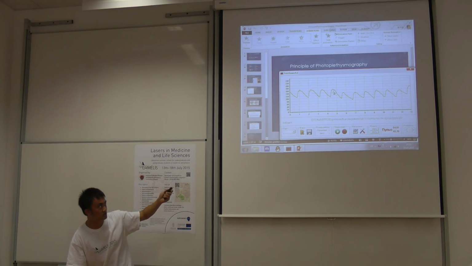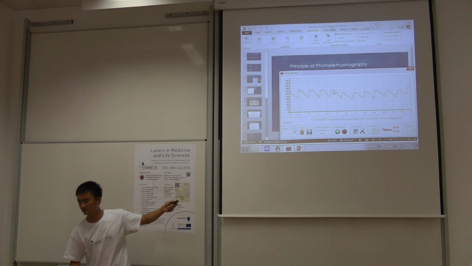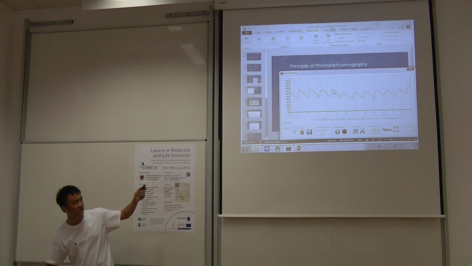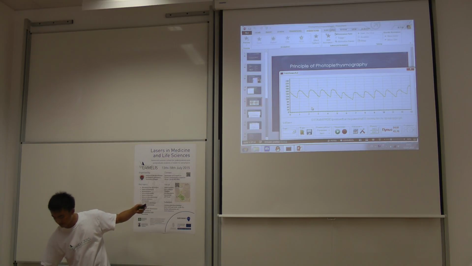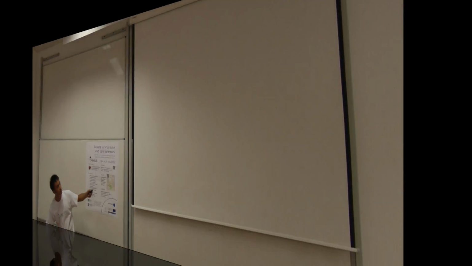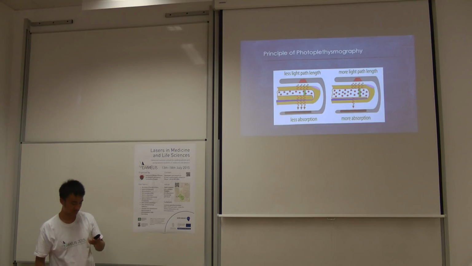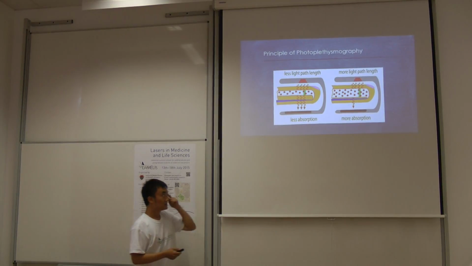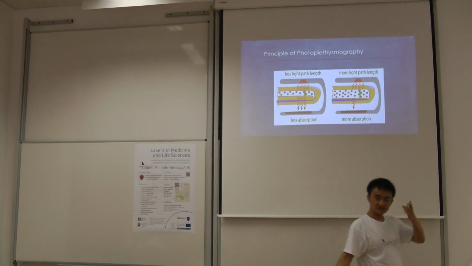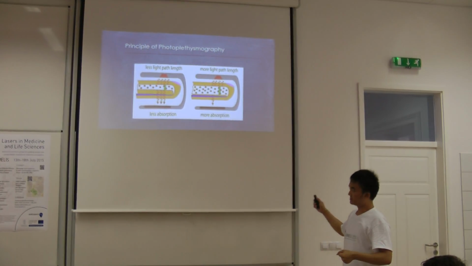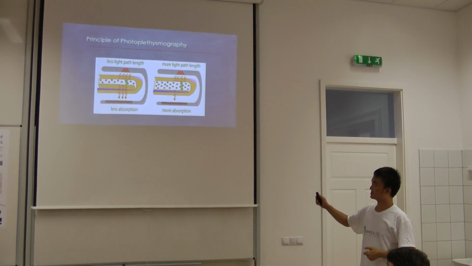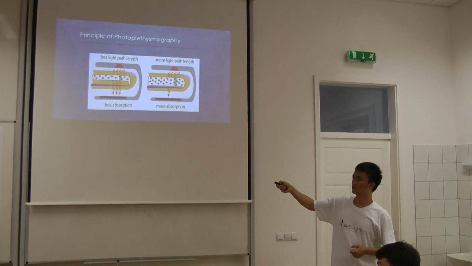It's the change of the graphic according to the change of the volume of the blood in your finger. That graphic is like waves, and those waves change according to the change of the volume.